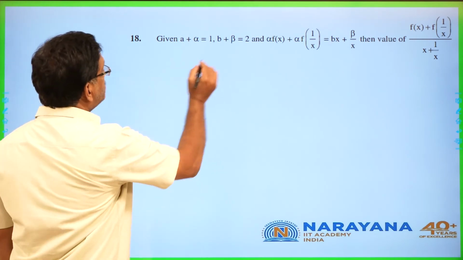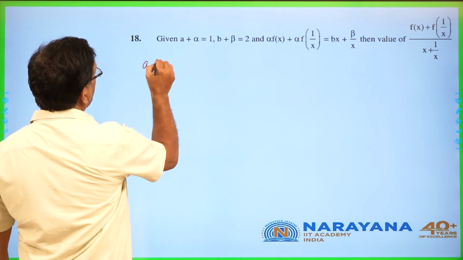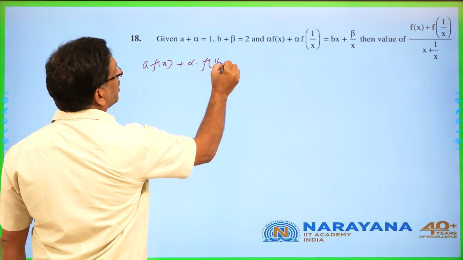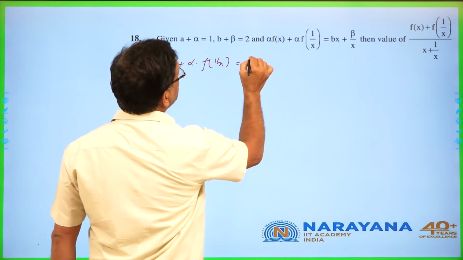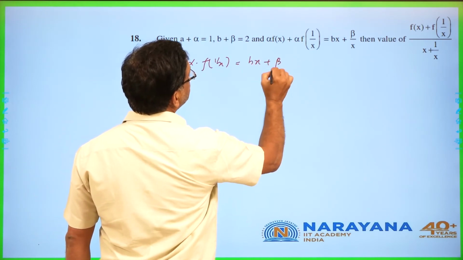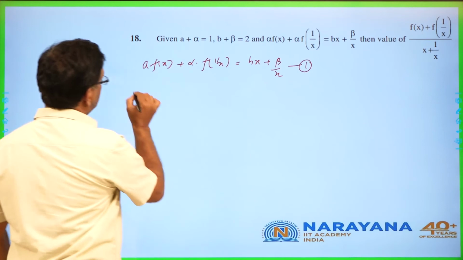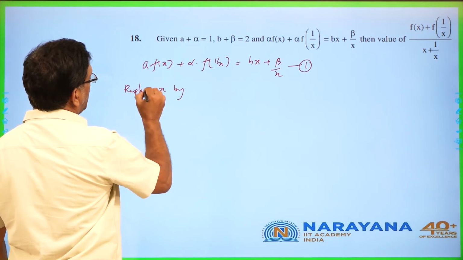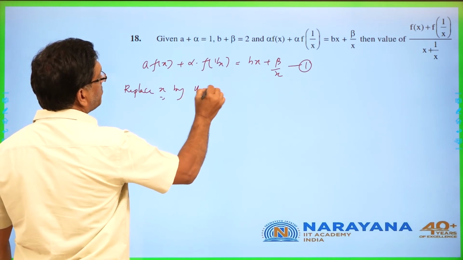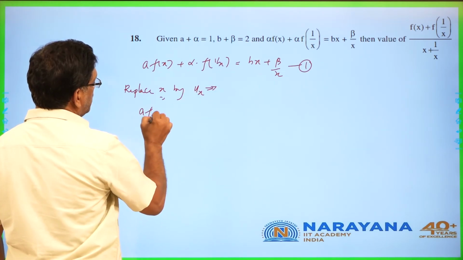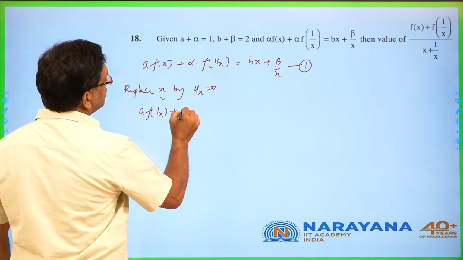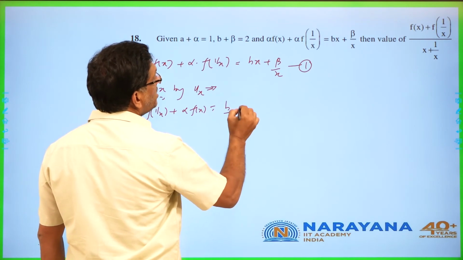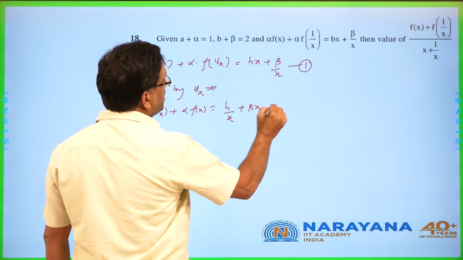Right? I think this is a into f of x plus alpha into f of 1 by x is equal to bx plus beta by x. Now replace x by 1 by x. We will get a f of 1 by x plus alpha f of x is equal to b by x plus beta x.